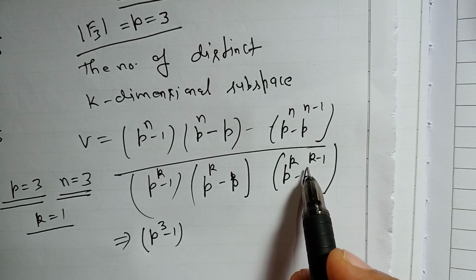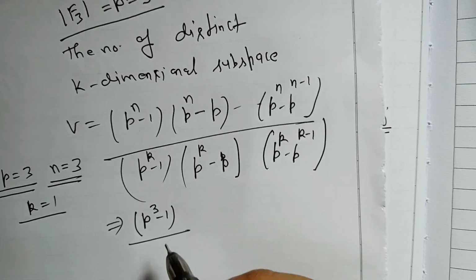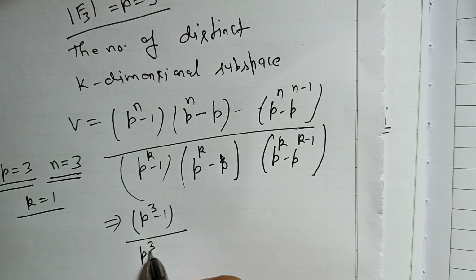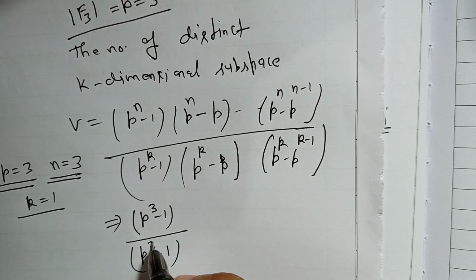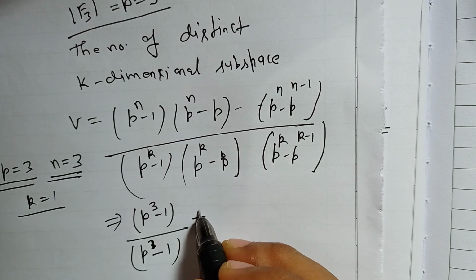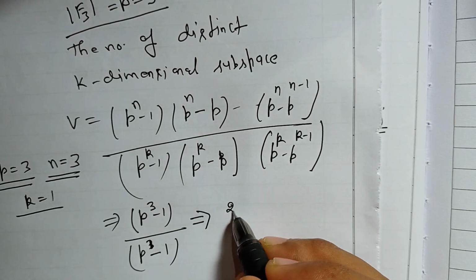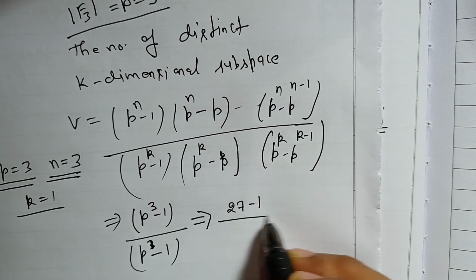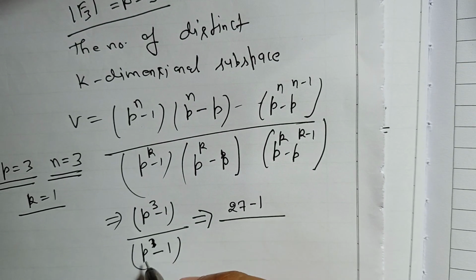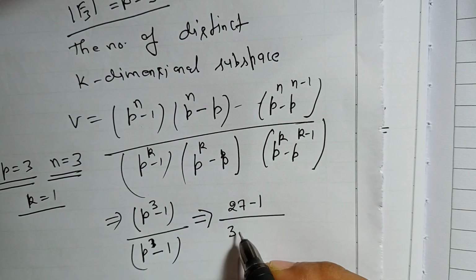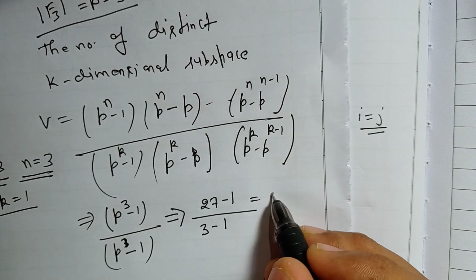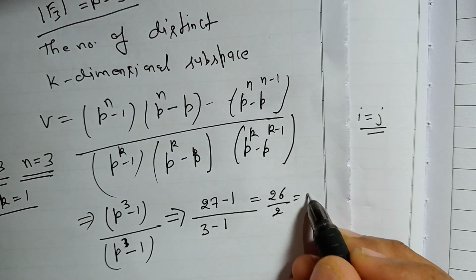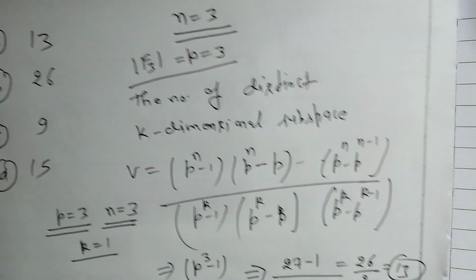With k equal to 1, that is p power 1 minus p power 0, so we get only one term. So 27 minus 1 divided by 3 minus 1, so 26 by 2 equals 13. So the answer is 13.